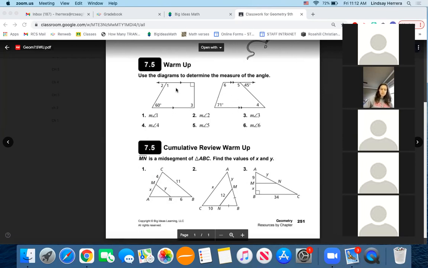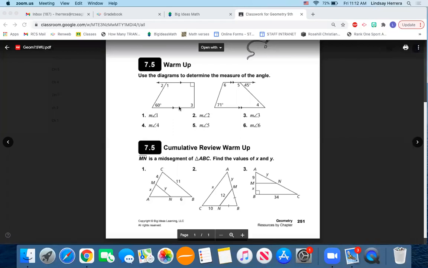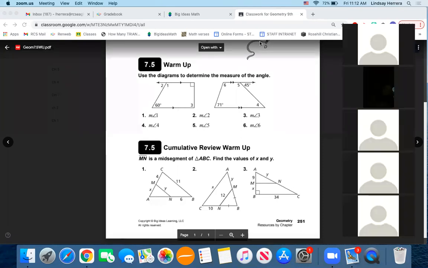Both are trapezoids because they have one set of parallel lines. One set of parallel lines as bases, and then they have two legs.